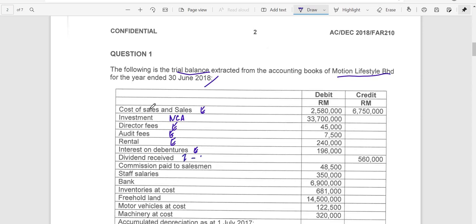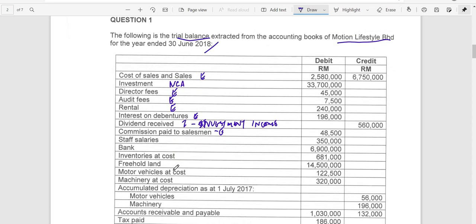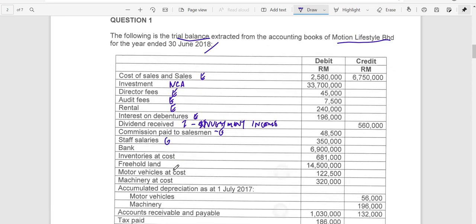More specifically, this is other income. This is actually investment income. Okay, this is going to be your investment income, not other income. So you have commission paid to salesman, so that was expenses. Staff salaries expenses.